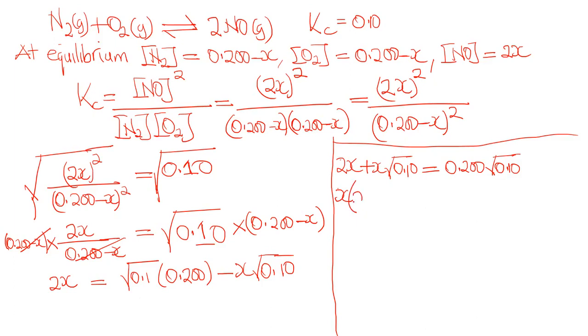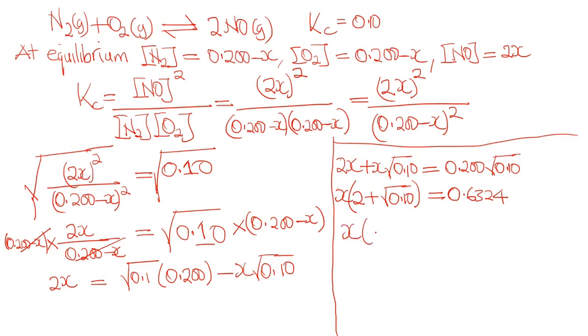We are going to have 2 plus the square root of 0.10 is equal to, you just need to multiply this times this. You get 0.0632. So you add this and this.